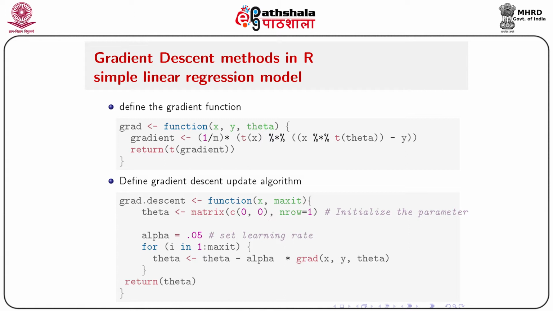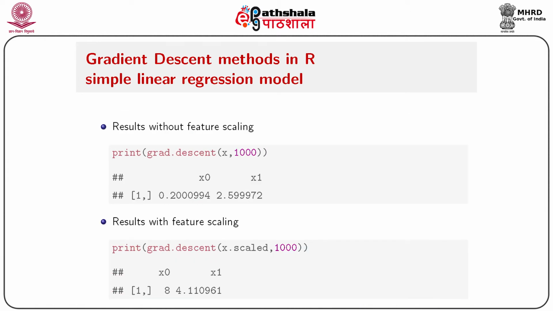Once you run it, you will get the results. So gradient descent with x comma 1000, if I give that, the solution is coming around 2.20 and 2.59, quite similar to the actual linear model fit results, and the same for the scaled data, it is also quite similar to the actual fitting in the lm function.